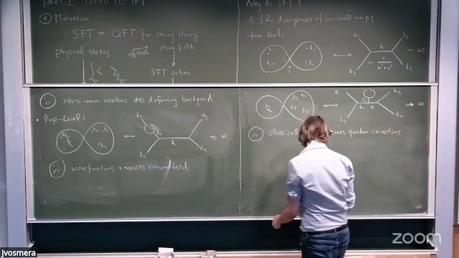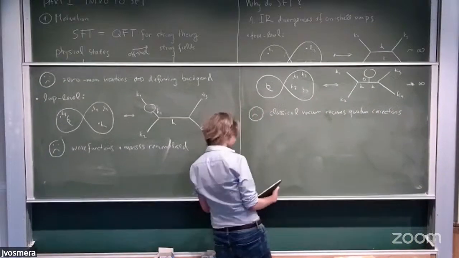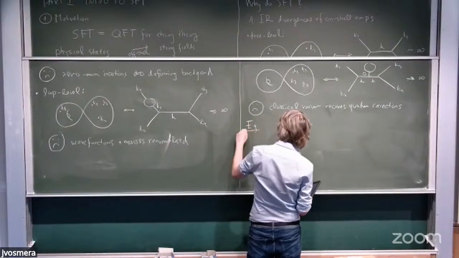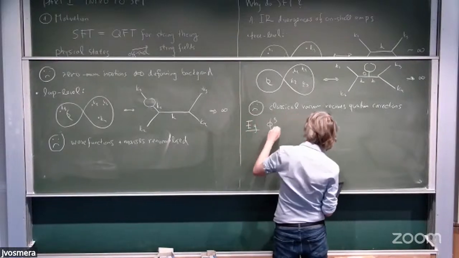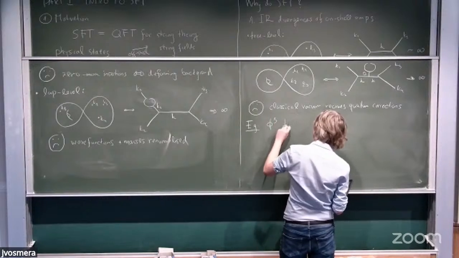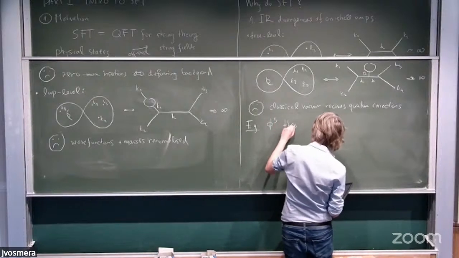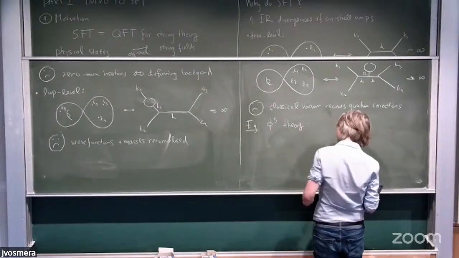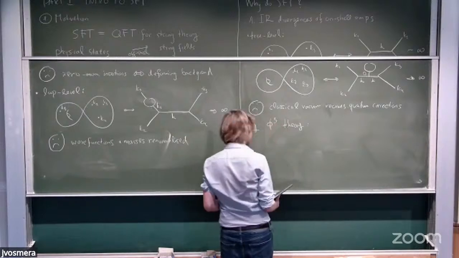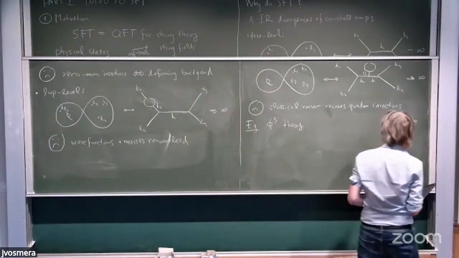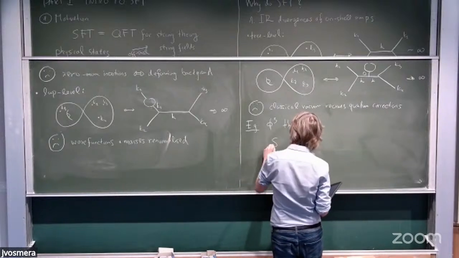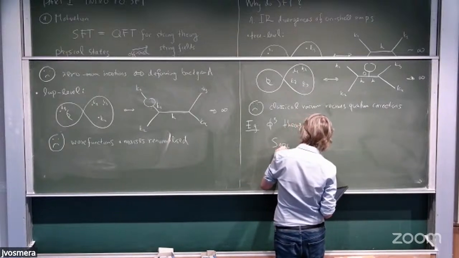So to actually illustrate what I've just said, let me go back to a very simple example of the phi cubed theory. And this, at the same time, will tell us how this problem can be resolved in a field theory language. So considering the phi cubed theory, you can start with the classical action and compute the 1PI effective action.